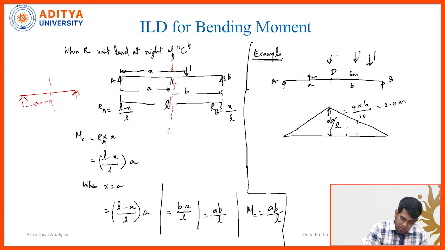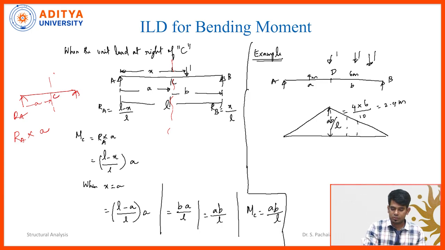Now RA is acting here, RA multiplied by the linear distance A, taking moment at the point C. This is the point C. So I substituted the value of RA and then multiplied by the linear distance A. So this is for when X is equal to A.